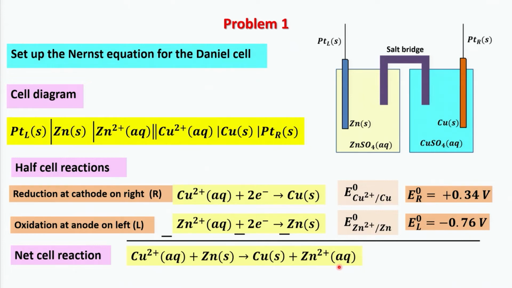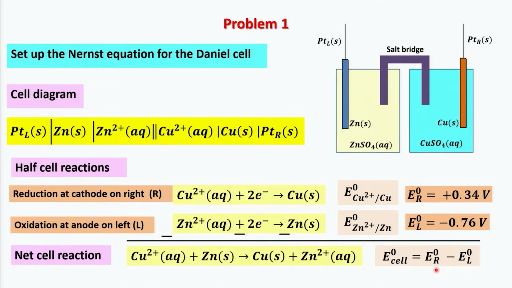And this notation actually helps us, because now I can very easily write down that the E naught cell is equal to E naught R minus E naught L, where I am using the convention that each of the E naught values are the standard electrode potential for the electrodes or the half cell reactions at each electrode that I am writing down.